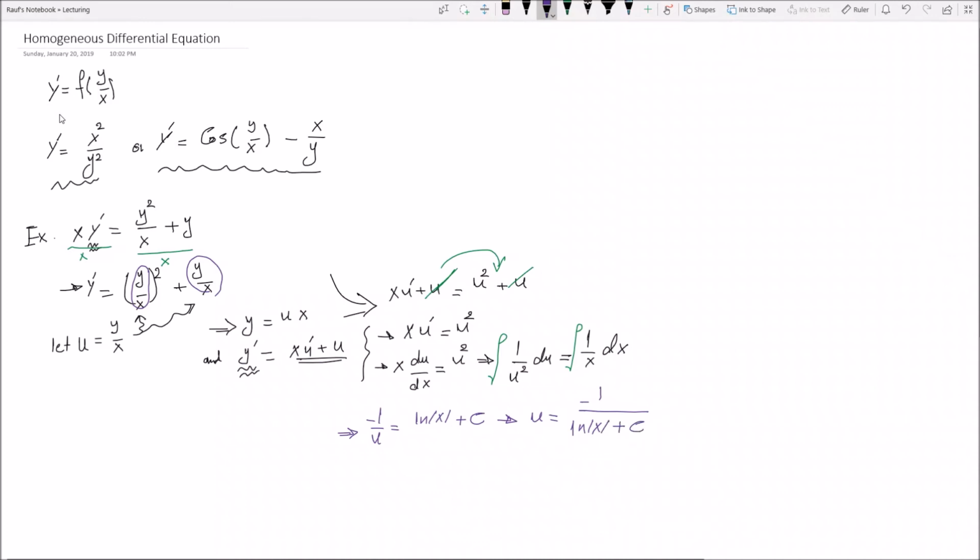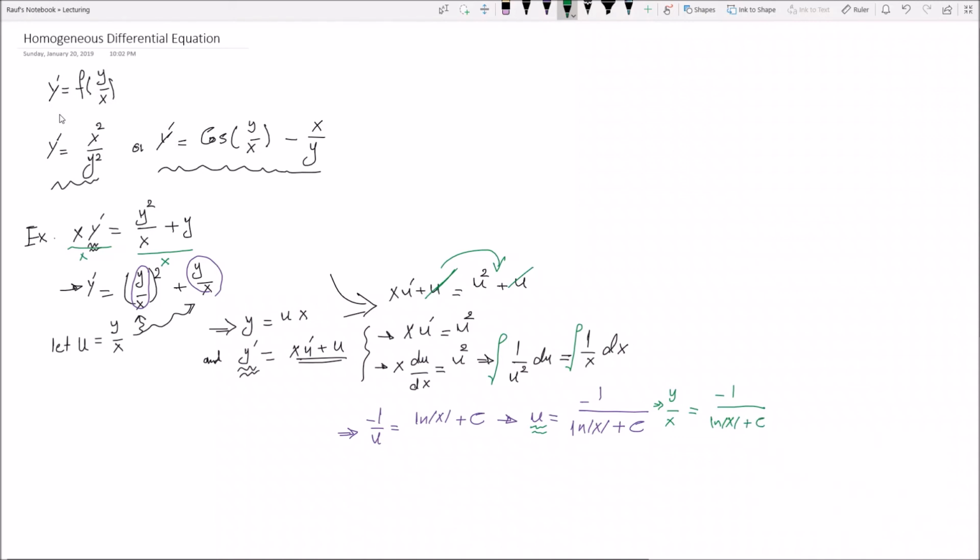Now going back, we know that u equals y over x. Putting the value back in the form of y over x, y over x equals the right-hand side of the equation, minus 1 over ln the absolute value of x plus c.